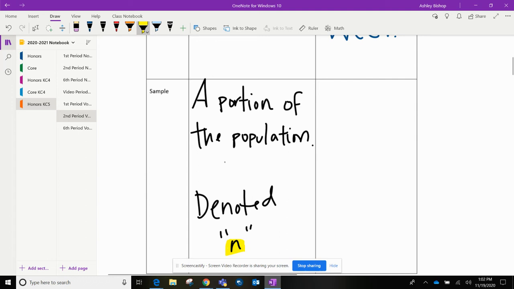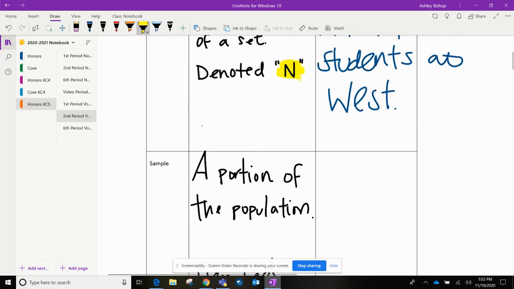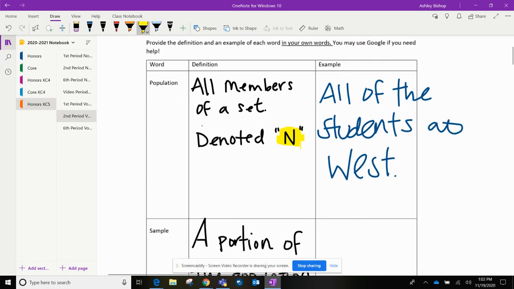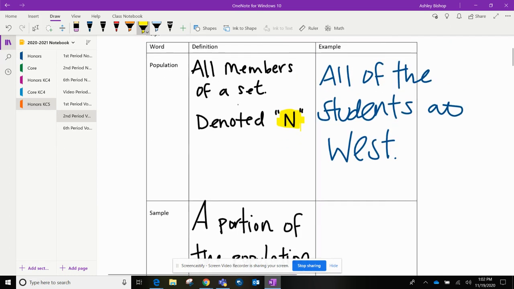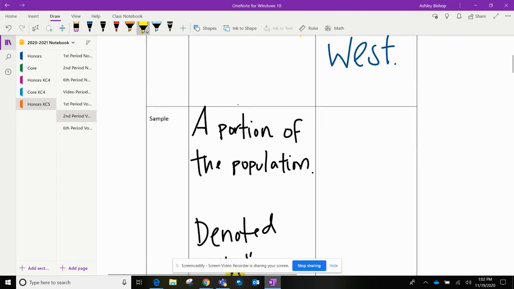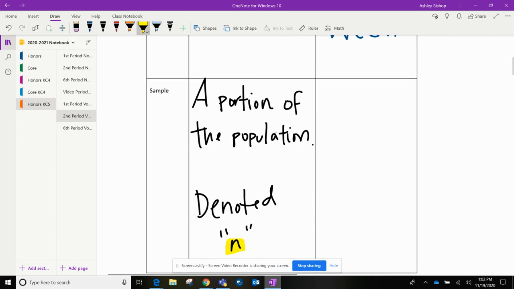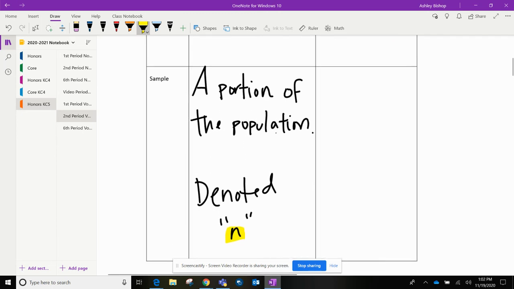We need to take samples because it's not normal and it's not realistic for me to take a survey of all 3,500 students that go to Morton West. It's going to take way too much of my time to figure out how to reach all of them. A more realistic way is to find a sample that's going to speak on behalf of all the students.